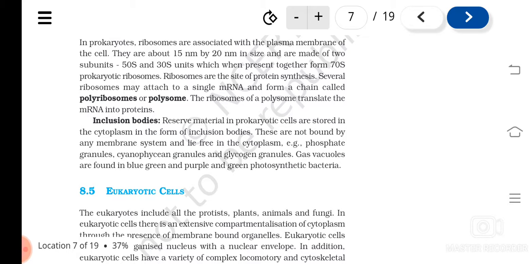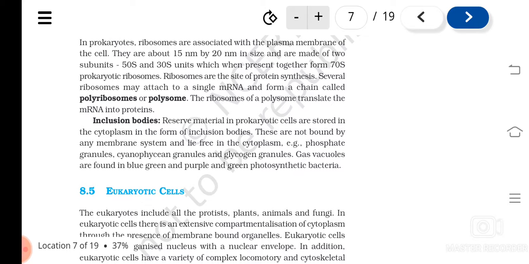Examples of these are phosphate granules, cyanophycin granules, glycogen granules, etc. Then gas vacuoles that are found in blue-green algae, purple and green photosynthetic bacteria.